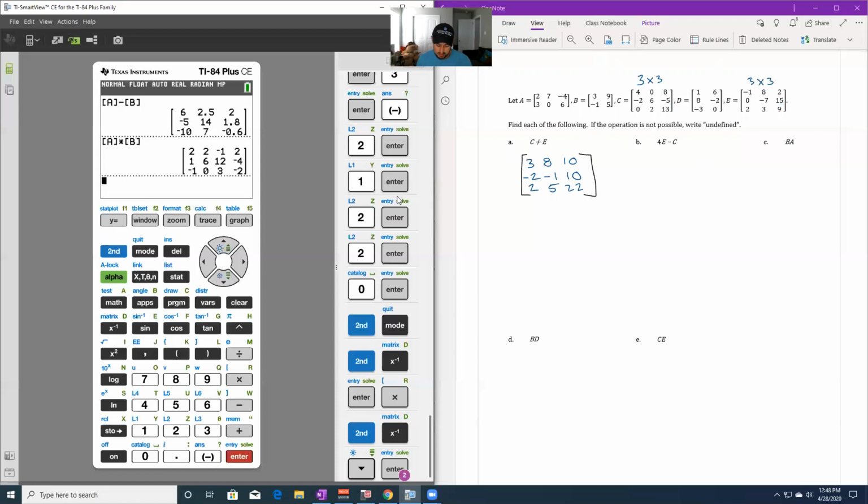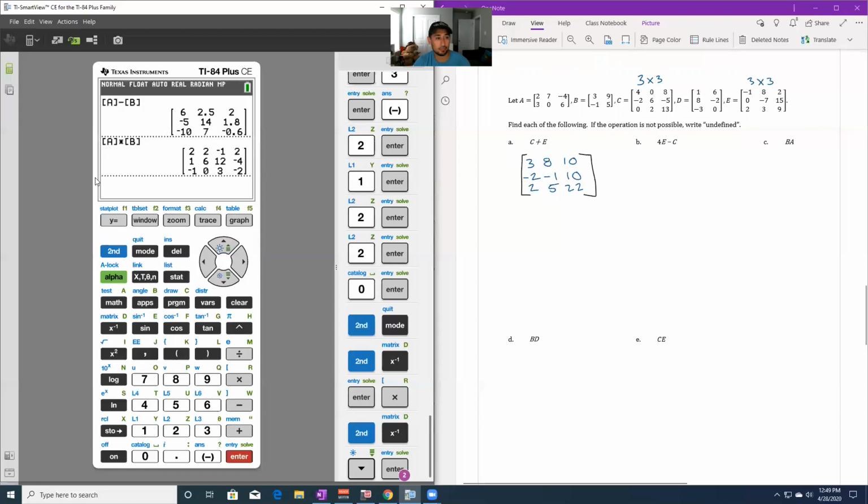Okay. Now B says 4 times E minus C. All this wants us to do is multiply matrix E by 4 and then subtract C from it. So there's still going to be 3 by 3s. So again, I'll just make our work easier.